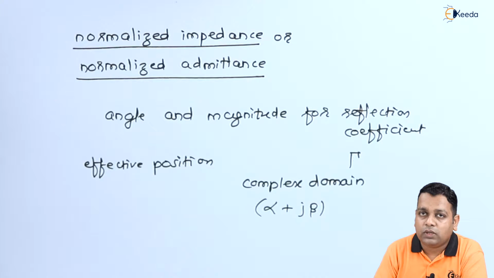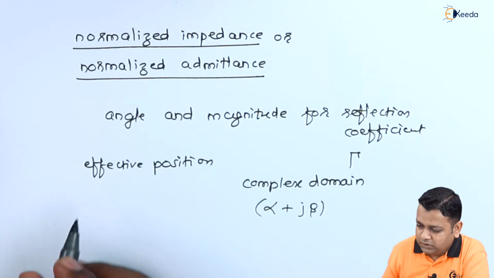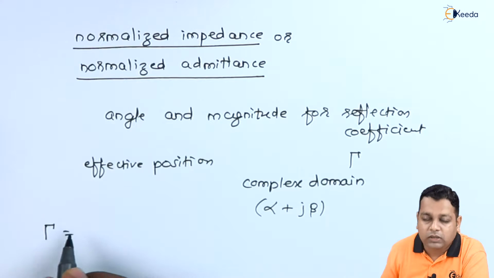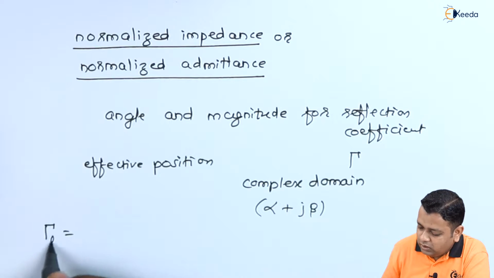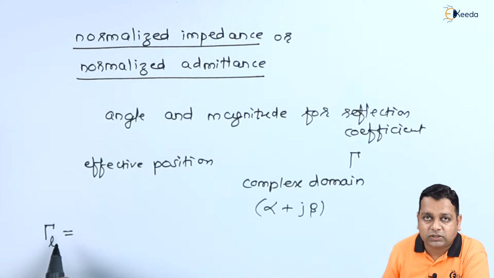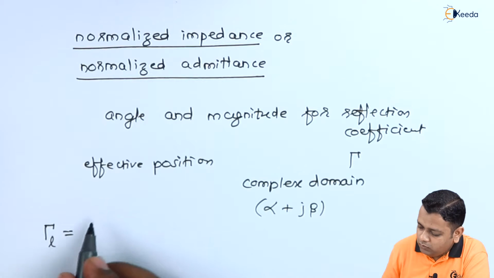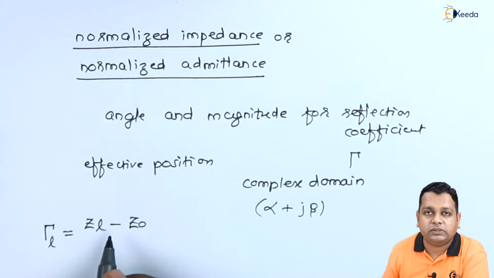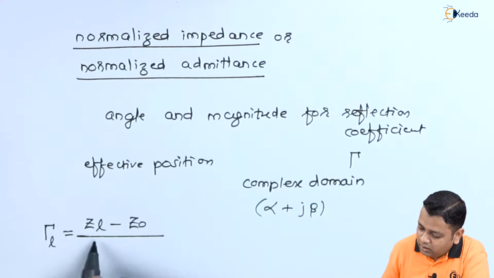Now, as we know, the reflection coefficient for the transmission line corresponding to the load is represented as gamma suffix L. It is in the form of load impedance ZL minus characteristic impedance Z0, divided by the addition of the two.